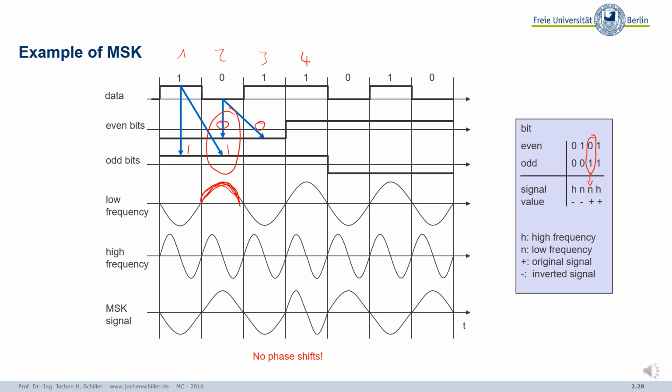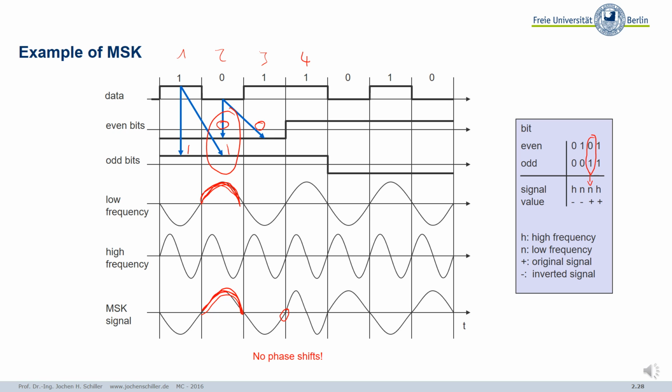And it says original signal, so that means the resulting signal is this. Why is this done? If you look at the resulting signal, no matter what the input data is, you will never have a phase shift in here. But you have lower frequency, then you go to higher frequency, lower frequency, and all you have is this change from lower to higher.